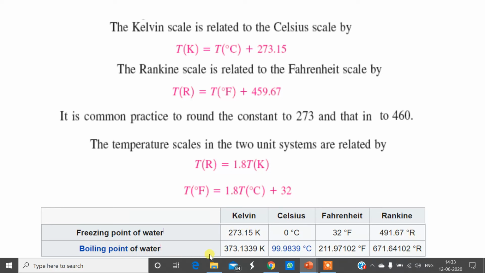The boiling point of water in Kelvin is 373.15. Actually the exact figure is 99.9 degree Celsius, but we take it as 100 degree Celsius. In Fahrenheit, the boiling temperature of water is 212, and in Rankine it is 671.67.